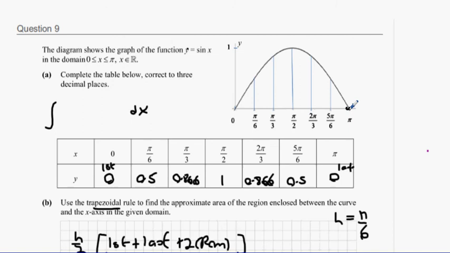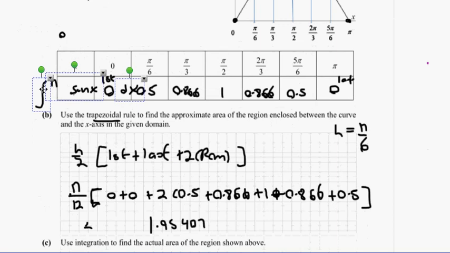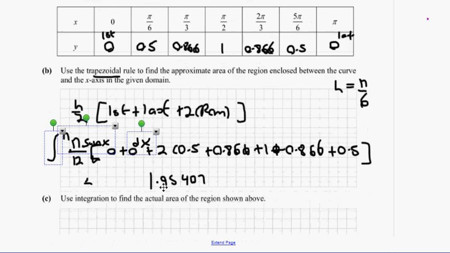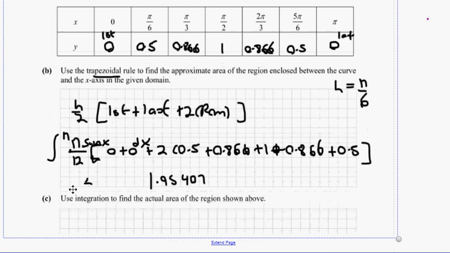Where do you start and end? 0 to pi. And what's the function? Sine x, right? So we'll just get all this here. I'll bring the 0 later on. Okay, so we're just going to drag all this down to our question below. So there we are. Oh dear.